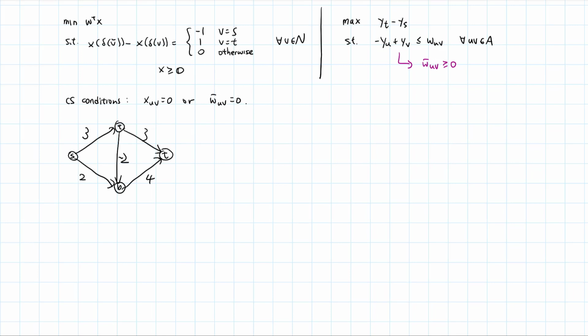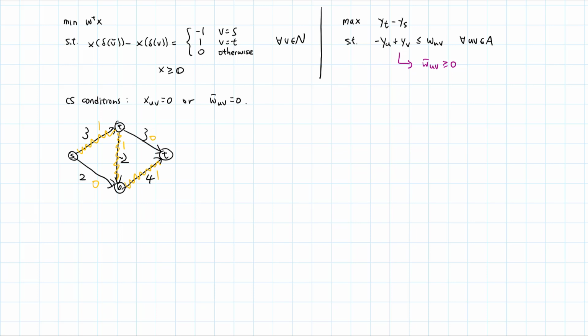So now let's see how we can prove that the dipath we had in our example is optimal. Our characteristic vector for the dipath has 1 on the arcs in the path. So SA, AB, BT are all arcs with positive flow. Using CS conditions, that means that these three arcs are tight arcs.